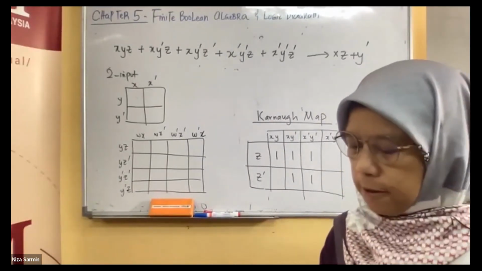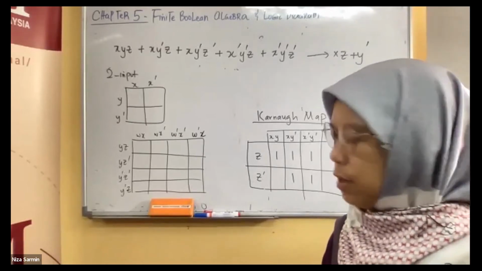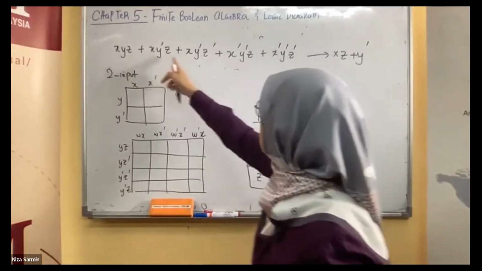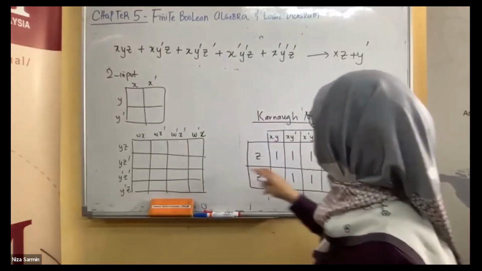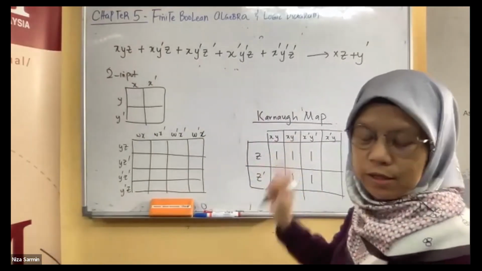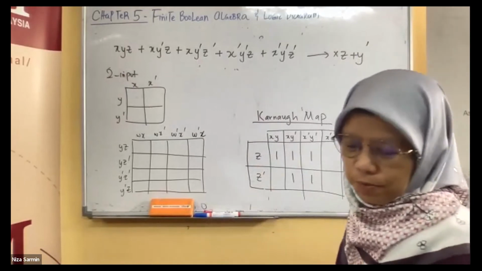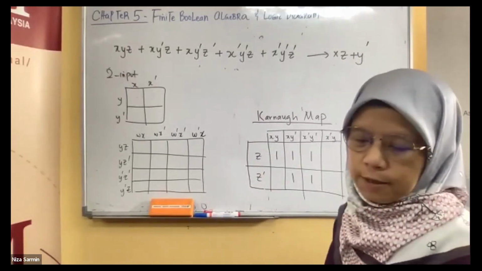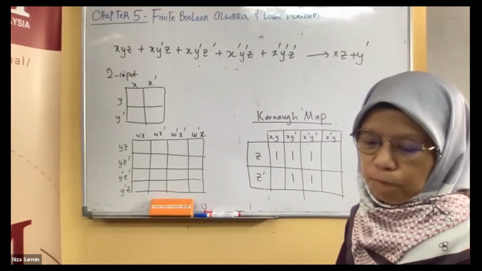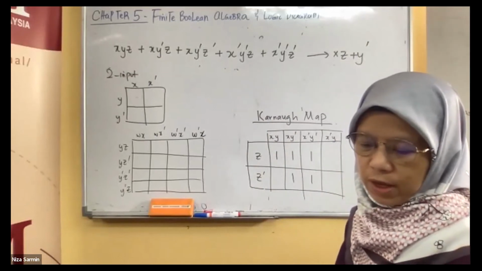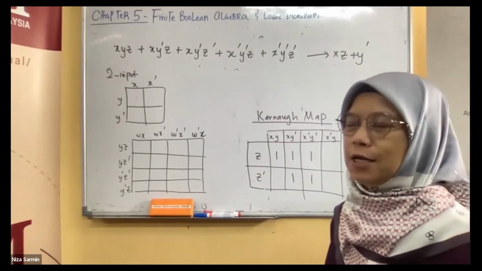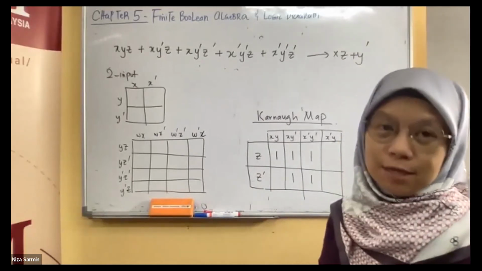Now, if you have the terms, you put a 1. Okay, you put a 1. That's the first thing. You put a 1, but you don't put the 0, right? And then you start doing a circle.